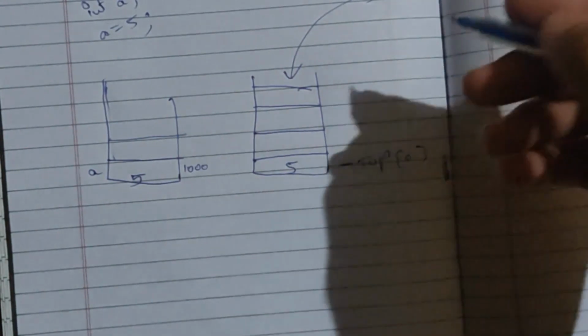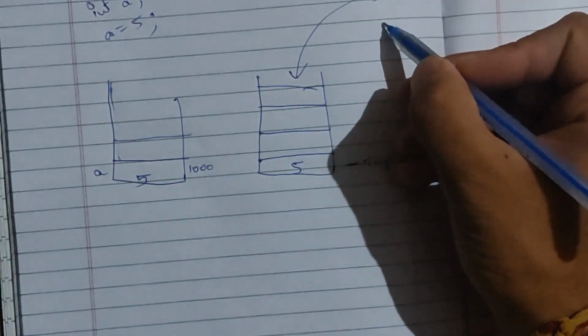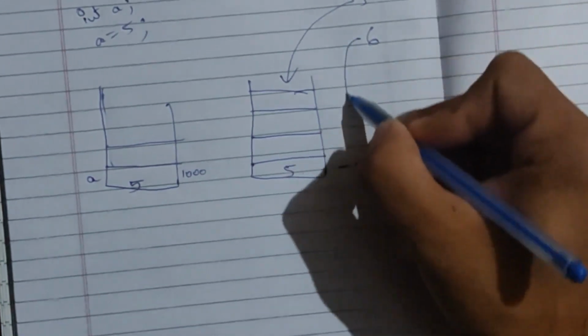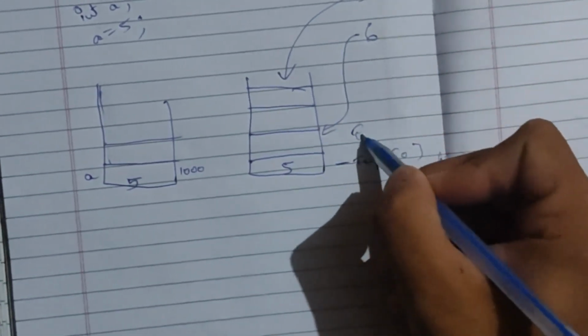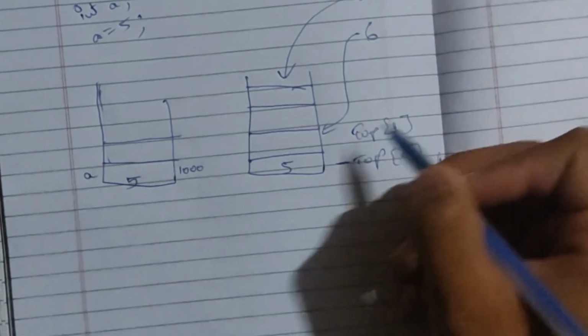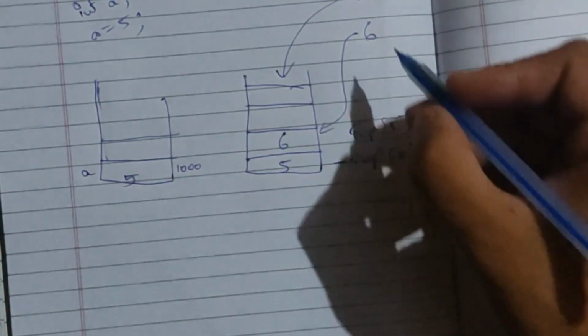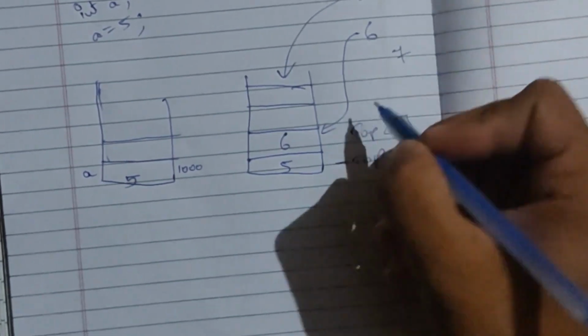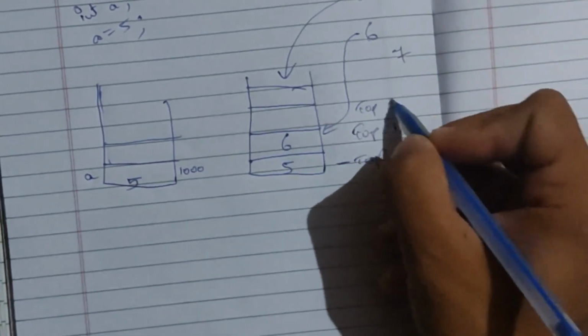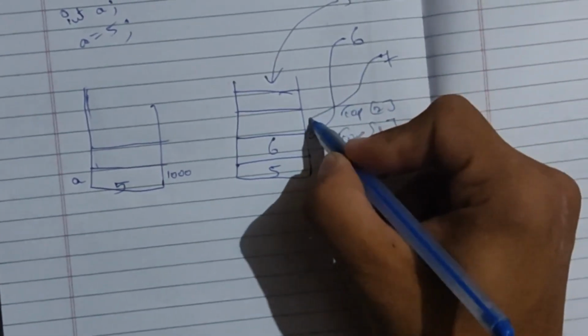Now if I want to insert another element 6, I have to insert it here, because now the top is the 1st index. If I want to insert another element 7, now the top is the 2nd index, so I insert 7 here.